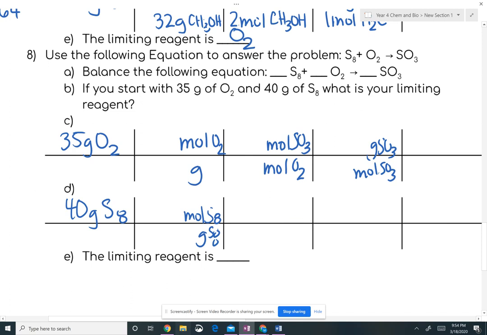It would be the moles of SO3 over the moles of S8. And then you go grams of SO3 over moles of SO3. And then you multiply and divide across. And then again, whatever is your smaller answer, that is going to be your limiting reagent.